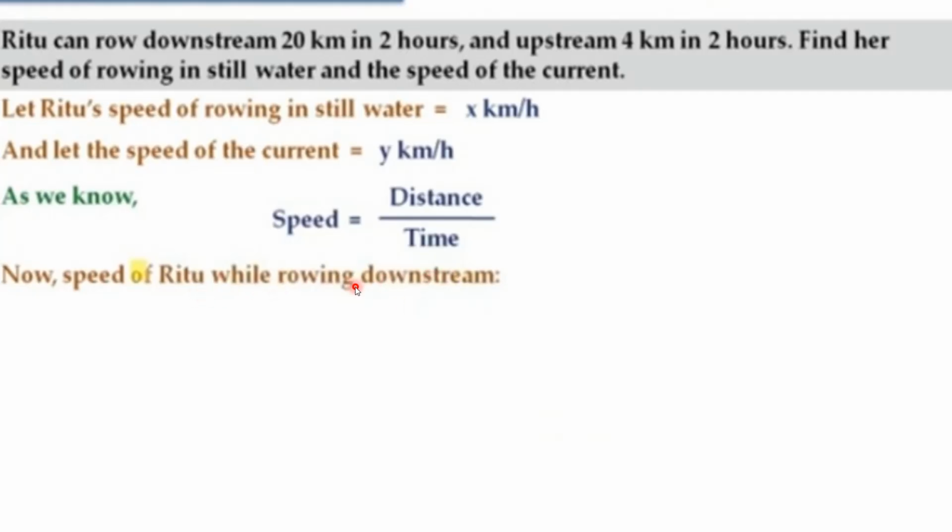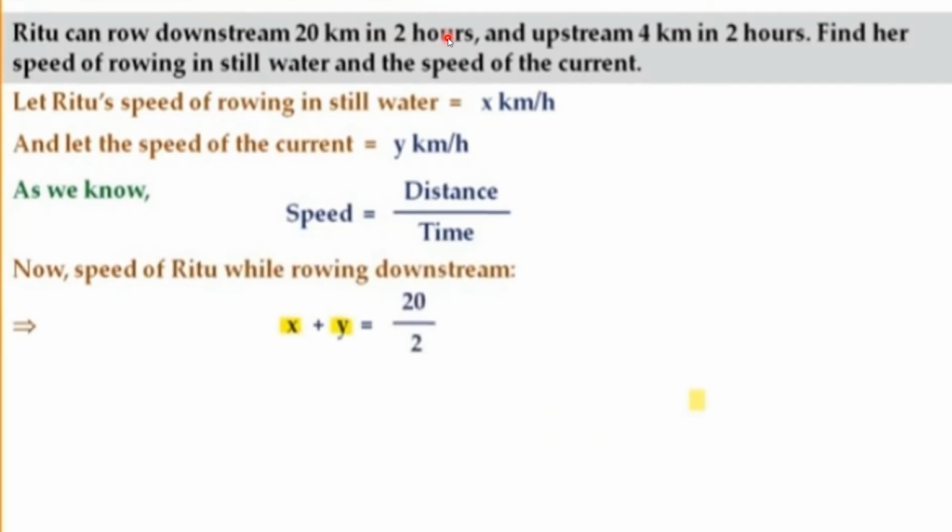Then Ritu while rowing downstream. So here I should keep in mind I am substituting the speed. Speed means distance by time. Here distance is 20 kilometer, and the time is 2 hours. Therefore I can write the equation as x plus y is equal to 20 by 2.